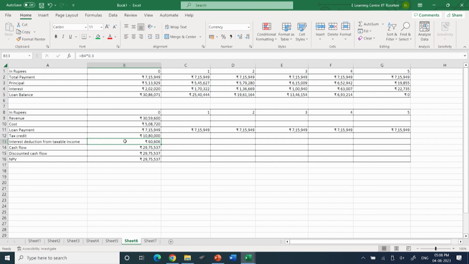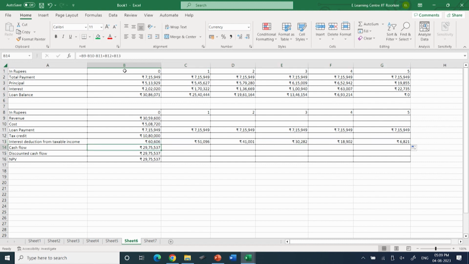So I am just taking a tax saving of 30% of the interest. So this is the interest on which I would have to pay the tax initially, but because of the tax laws, I have been given the liberty of avoiding that tax, and this comes at around 30% of the cost, and this tax saving would also happen for the next 5 years or so.